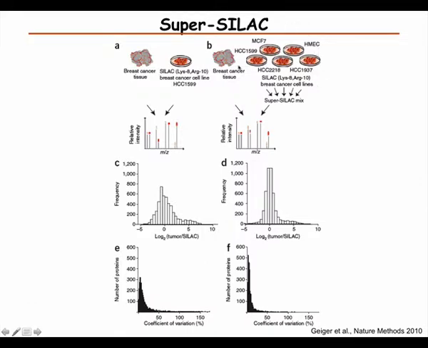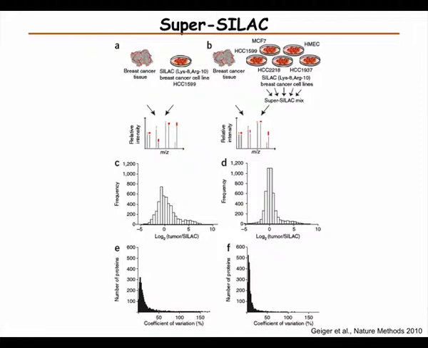So you take all these different cell lines, grow them in heavy medium, and mix them into your breast tumor. What you're hoping for, and which they've shown is actually the case, is that for a lot of the peptides that you see in the tumor, you have representatives in the mixture of cell lines.